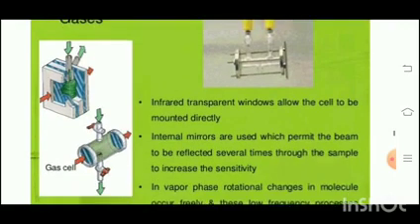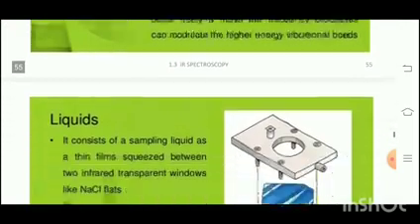The container has locks on two sides, so gas can be passed through and locked inside. The sample gas to be analyzed is kept inside this cell, and on the left and right sides there is a passage for IR radiation. The radiation passes through the cell, interacts with the gaseous sample, and the absorption is recorded on the other side by the detector.